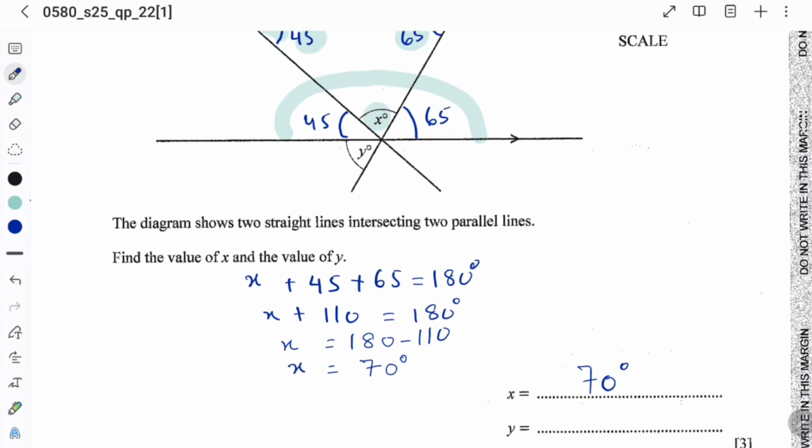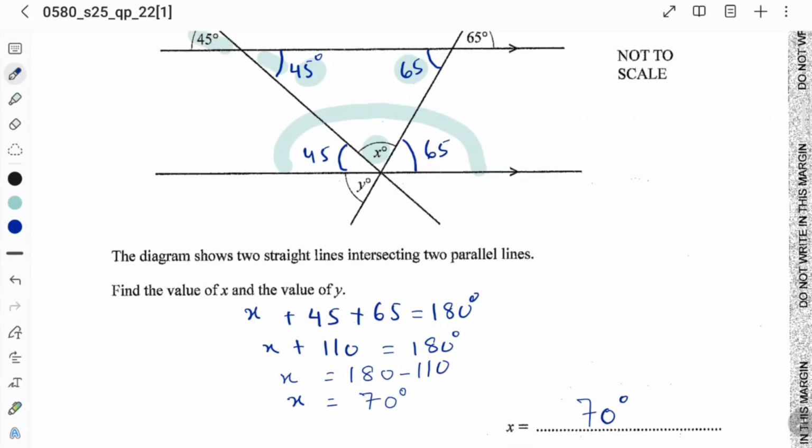Now we are going to take the value of y. Whenever you check the y value, here it is also a straight line: y, x, and 45 make 180 degrees, where x is 70 degrees.